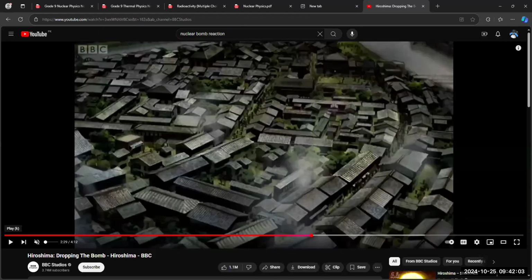Okay. As we already know, the atom bomb was used in Hiroshima. We only need to study how this reaction actually starts and how it actually works. And we know how much energy is going to be released from this reaction.